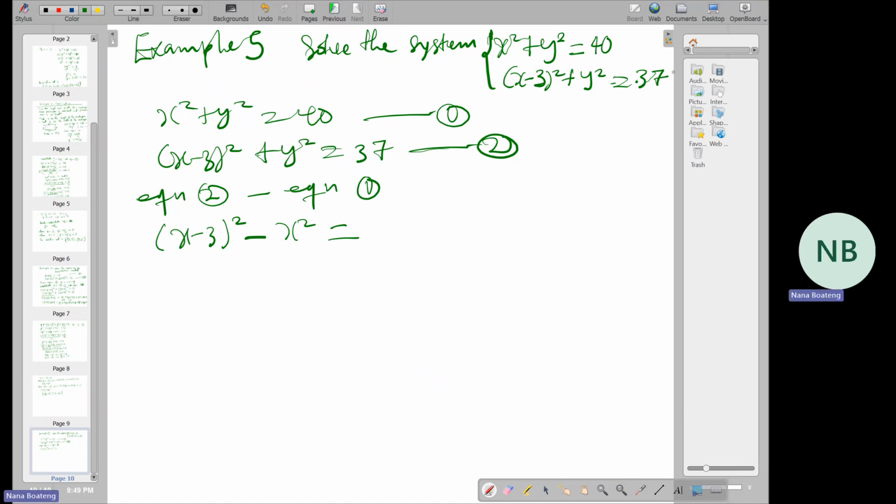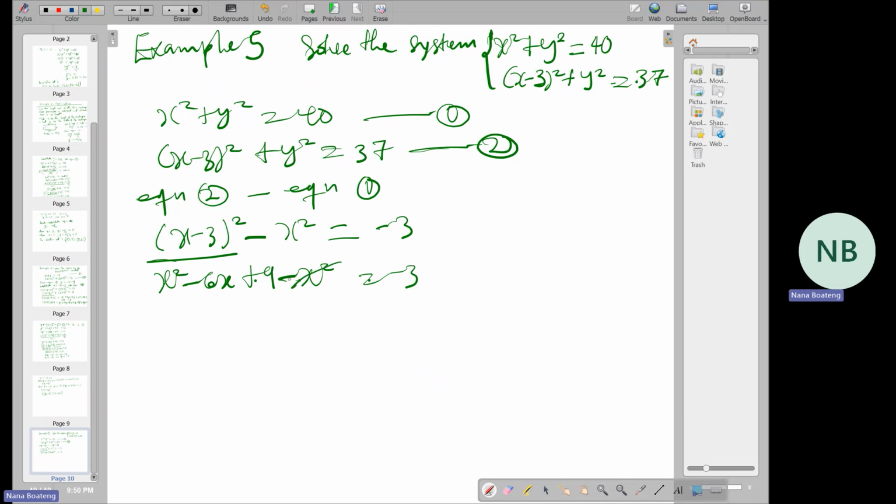We have 37 minus 40, which becomes -3. All right, so we can expand x minus 3 squared, which becomes x squared minus 6x plus 9, and minus x squared is equal to -3.